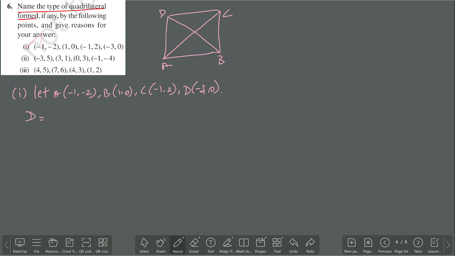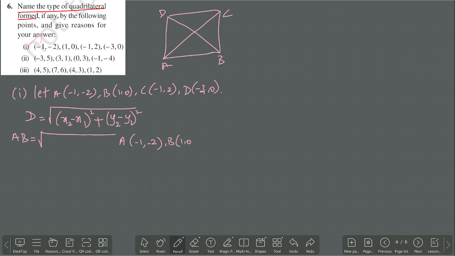Before starting, I will write the distance formula: square root of (x2 minus x1) whole square plus (y2 minus y1) whole square. First I am going to find the AB distance. AB is the square root of A point (-1, -2) and B point (1, 0).